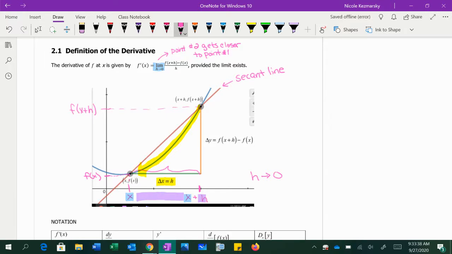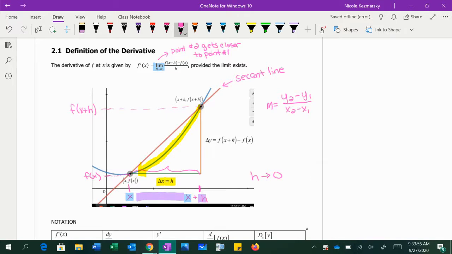Well, the slope of that secant line, if I do rise over run, or if I do our slope, m equals y2 minus y1 over x2 minus x1. Hopefully that looks familiar from Algebra 1.